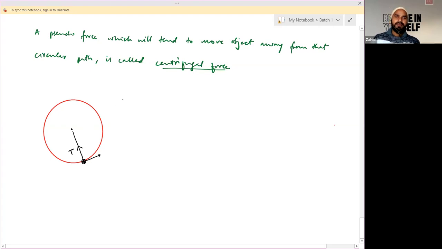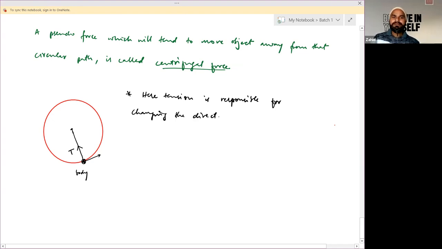Yes, sir. In this part, we have a body which is tied to a string having some length L or radius R. So you will say in this part, tension is responsible for changing the direction of the body at each instant.